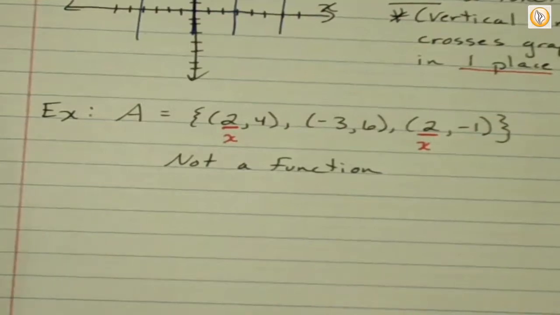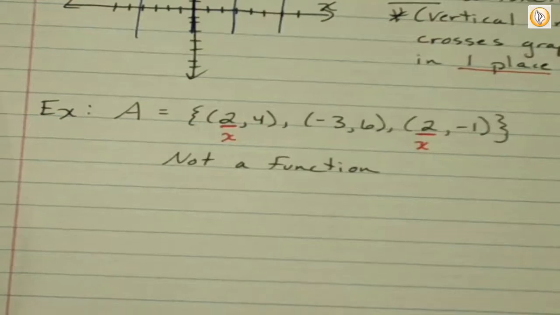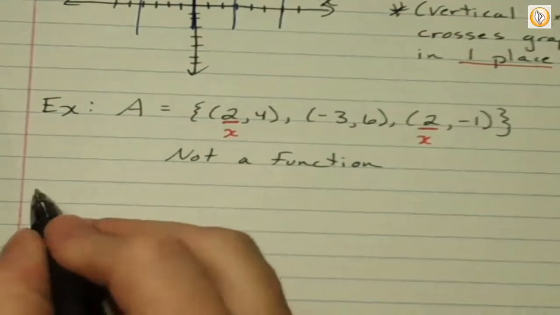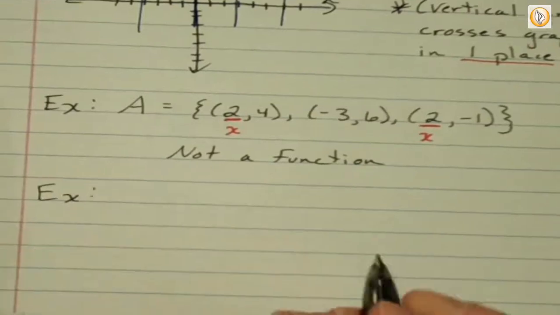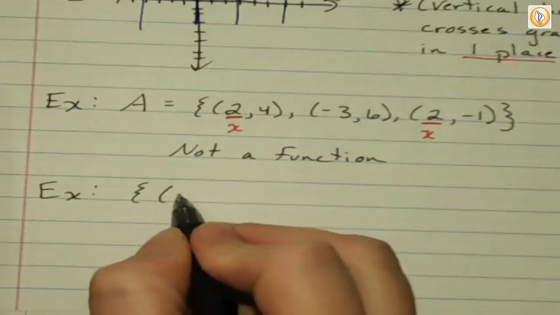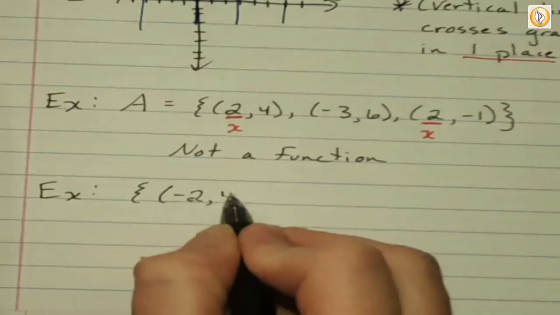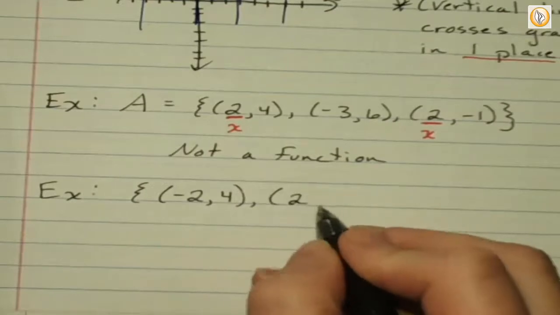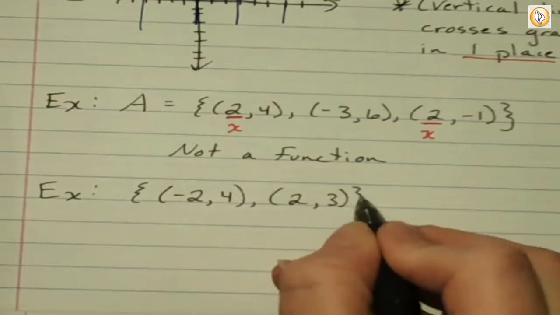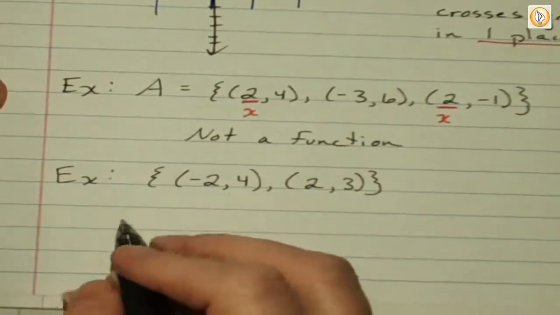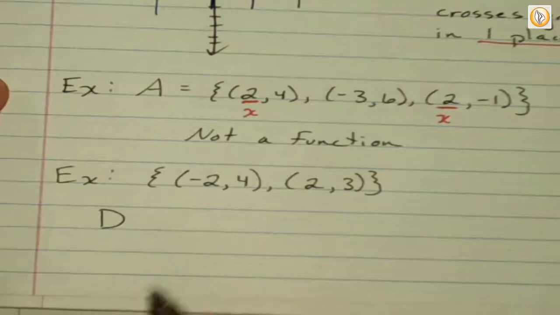Okay, I want to show y'all real quickly another example on how to write something. Let's say they gave us a set and we had a -2 and 4 and a 2 and a 3. If I were to ask for the domain, and what's the domain again? Raise your hand.